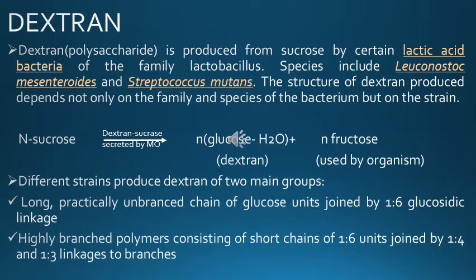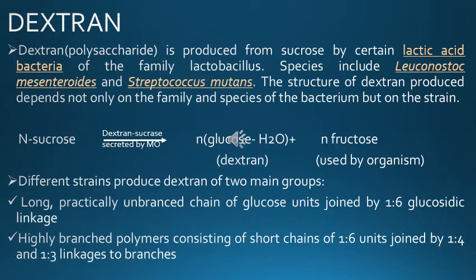Next point shows the reaction which occurs: sucrose from the medium gets converted into dextran and fructose. So what happens is this microorganism secretes an enzyme called dextran sucrase, which converts this sucrose into dextran and fructose. So dextran obtained can be precipitated out and further purified by various means.